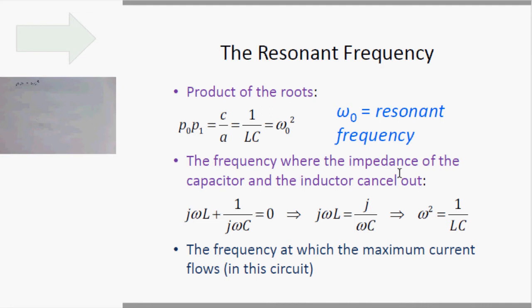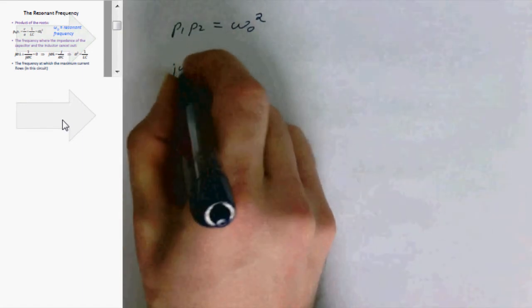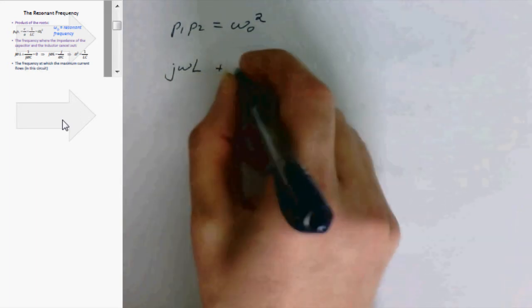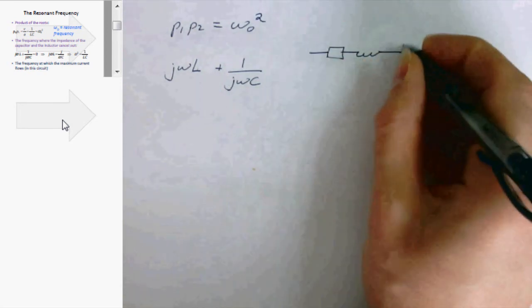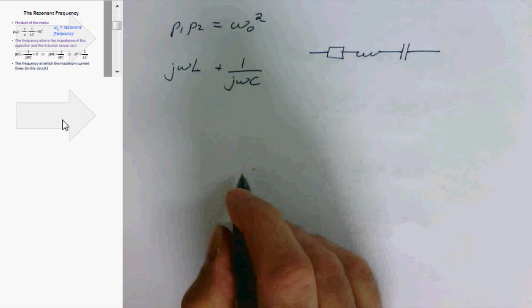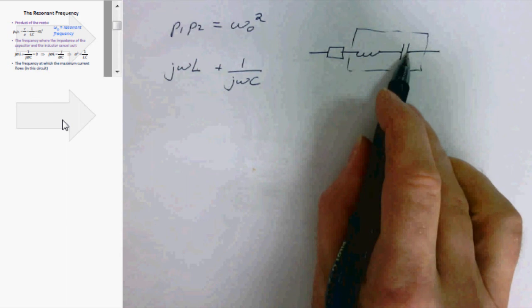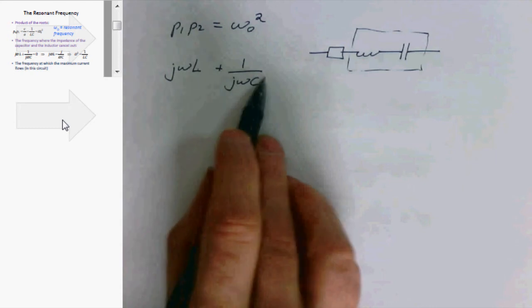It's also the frequency where the impedance of the capacitor and the inductor cancel out. If you remember, the impedance of an inductor is j omega L, and the impedance of a capacitor is 1 over j omega C. So if we have a network like we do here, with a resistor, an inductance, and a capacitance in series, the total impedance of the inductor and the capacitor in series is the impedance of the inductor plus the impedance of the capacitor.